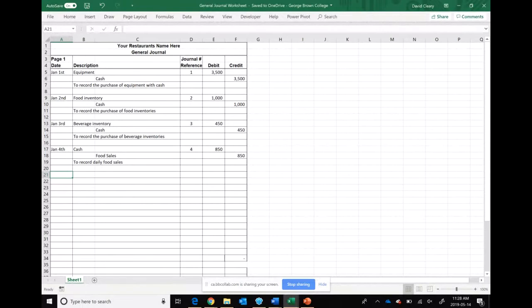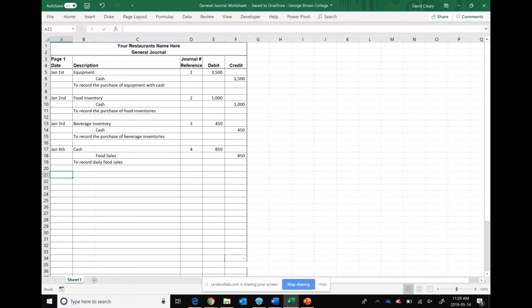We must also decrease our inventory by our cost of food sold to reflect the current level of our inventory. So, because cost of food sold is an expense, which side do expenses increase on, debit or credit? Debit. Expenses increase on the debit side.